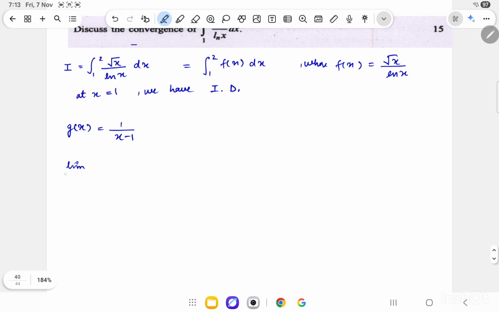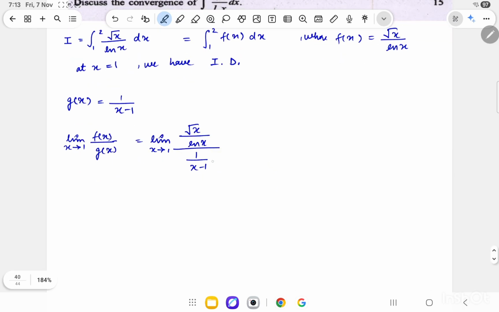If I evaluate the limit as x approaches 1 of f(x) by g(x), it will be equal to limit x approaches 1 square root of x times x minus 1 divided by ln x.